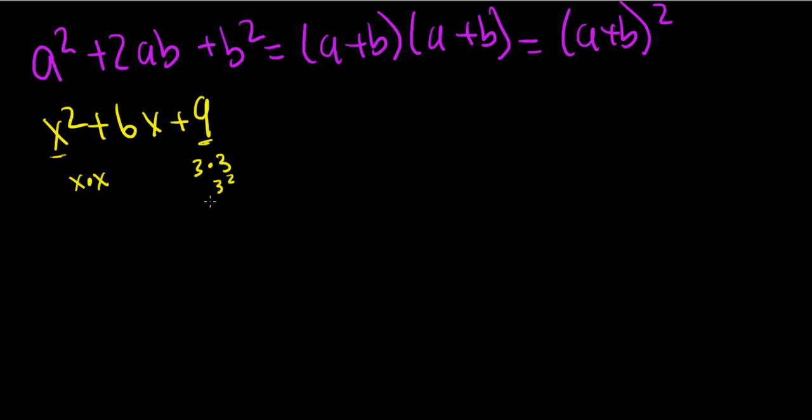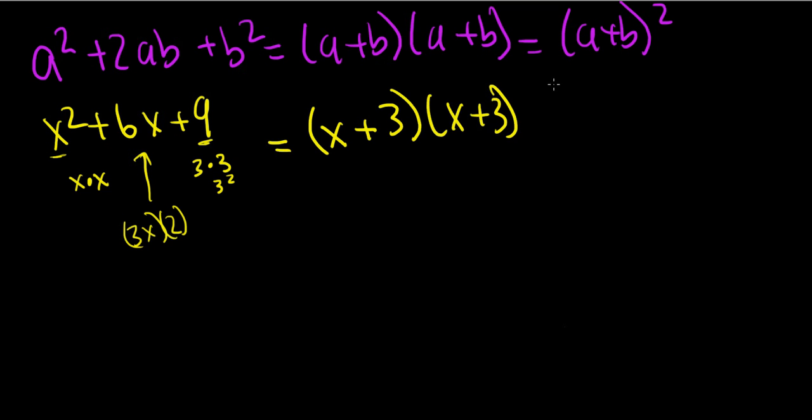So basically, if I took 3, and I took x, and I multiplied them together, and then I multiplied them by 2, that's basically like doing 2 times ab, as you can see above. So if that works out, and in this case it does, because 3 times x equals 3x times 2 gives us 6x, that means that it is a perfect square trinomial.